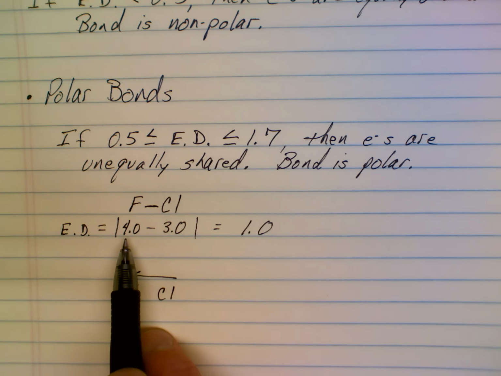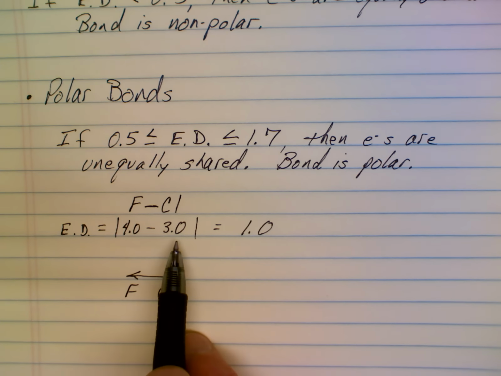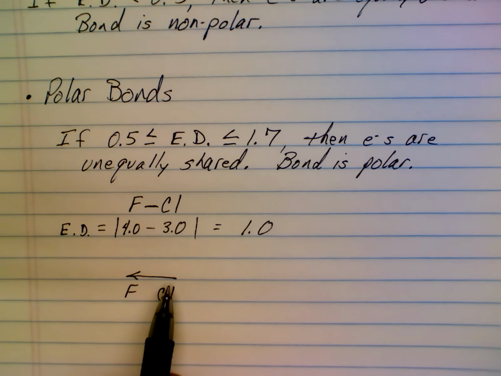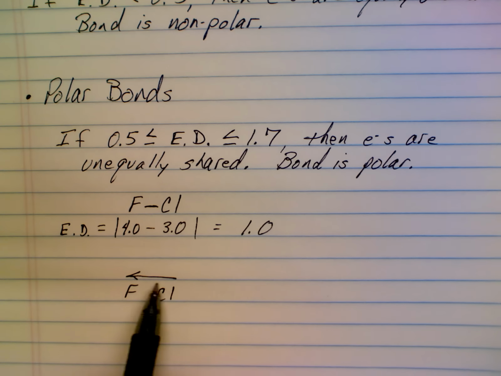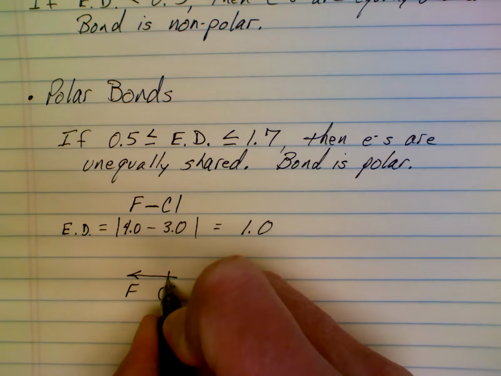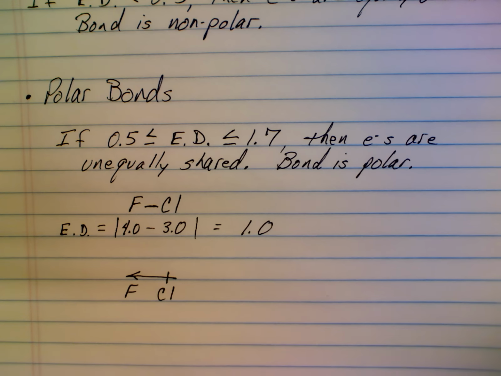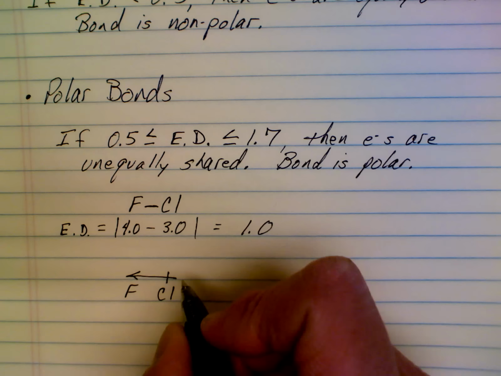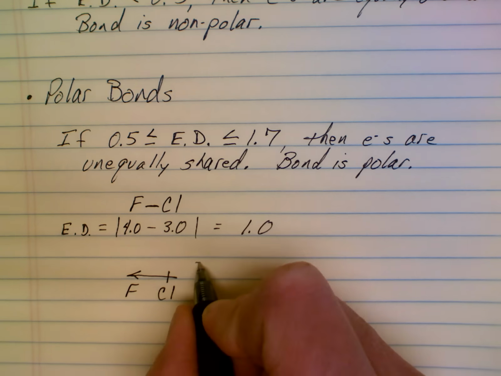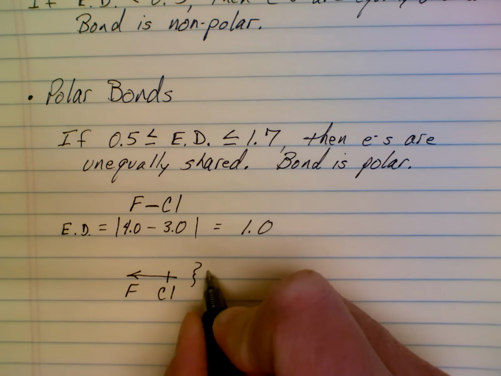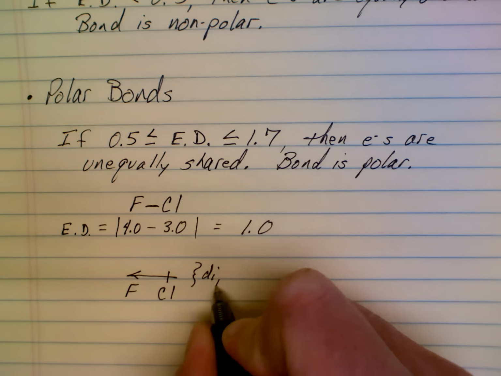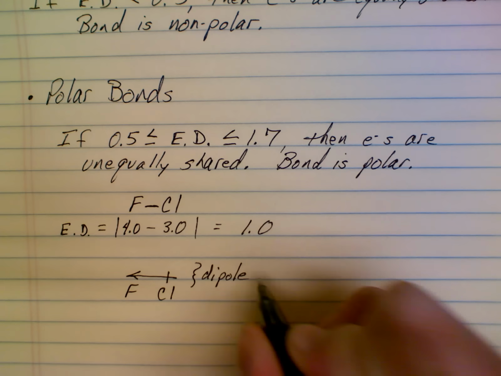So fluorine's attraction for electrons in the bond would be greater than that of chlorine, such that it'll pull the electrons towards it, not stripping the chlorine. They'll still be bonded, but then the chlorine will end up having a positive charge and the fluorine a negative charge. And so we refer to this as a dipole, or two poles.